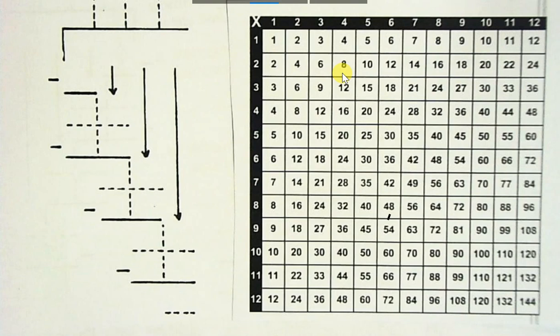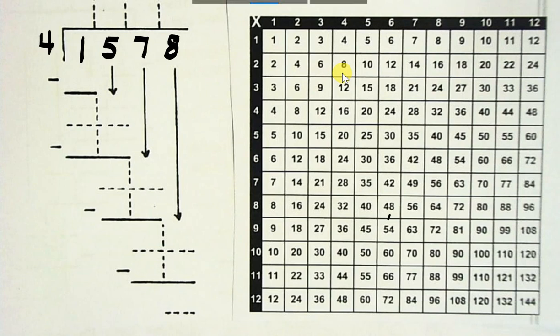Let's go with 1,578, and we're going to divide that by 4.